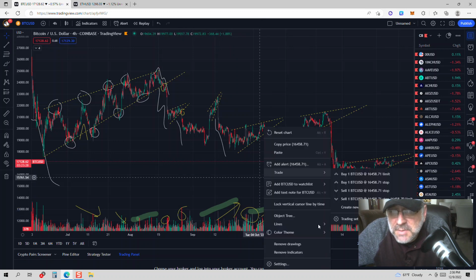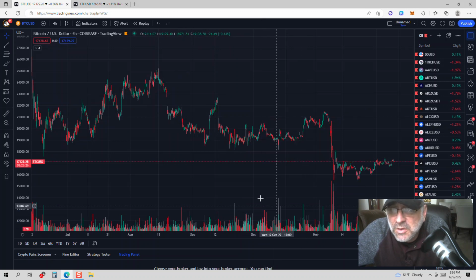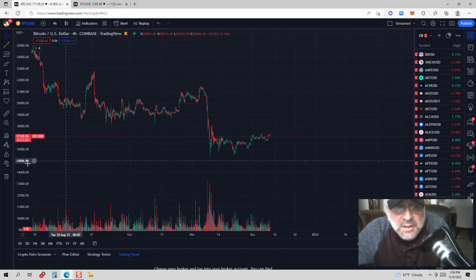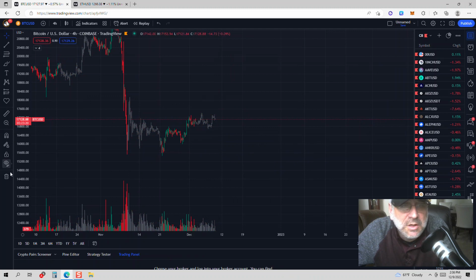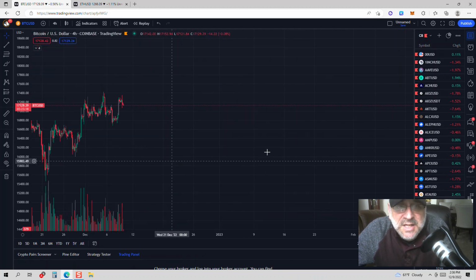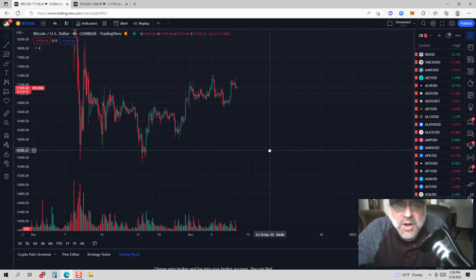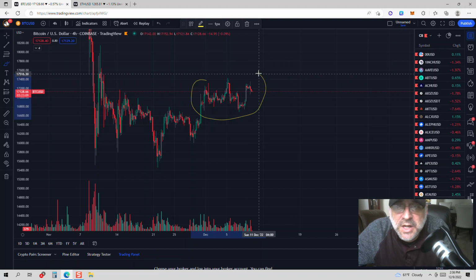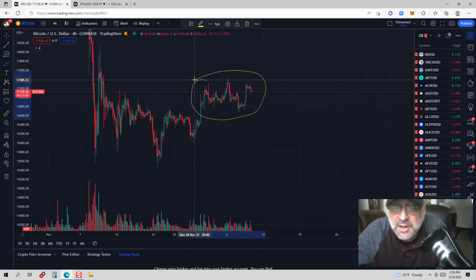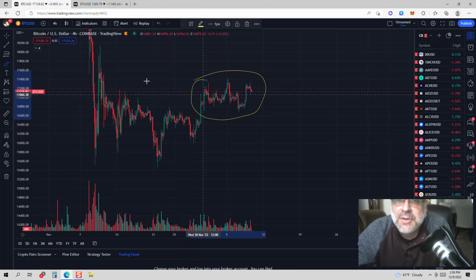So what I'm going to do now is remove all of these trend lines and go back to focus on what we were looking at yesterday. Here's where we are right now on the 4-hour. This here is what I termed the Wyckoff distribution range, what I believe is going to be a distribution from yesterday.